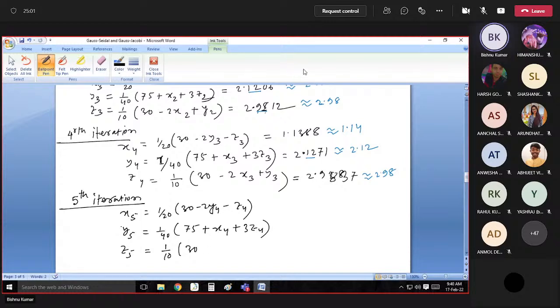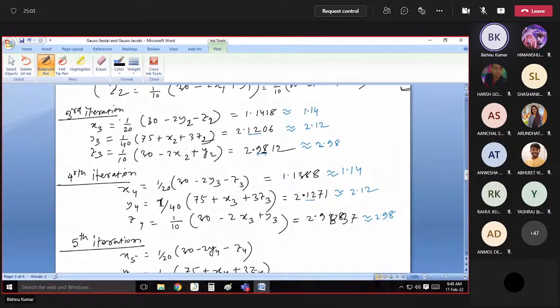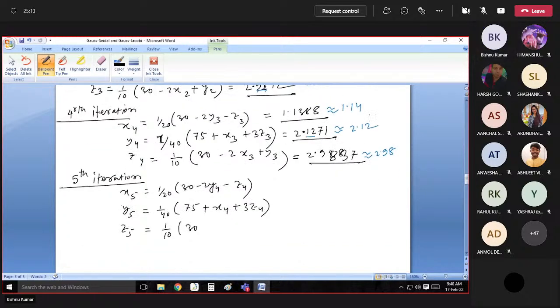Use these 4 decimal values, not the rounded-up values, because I need the answer up to 3 decimal places. Not the rounded-up value I wrote in blue color. Sorry, this is 4.